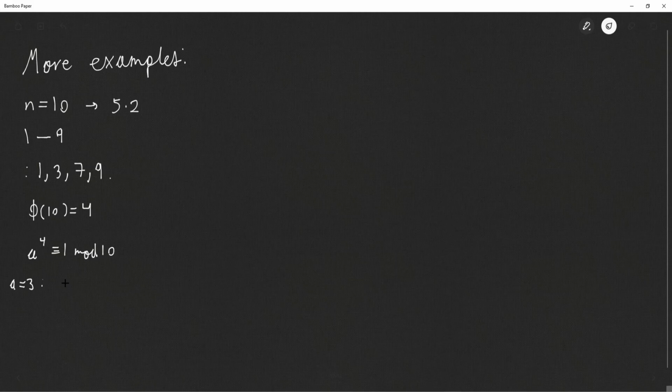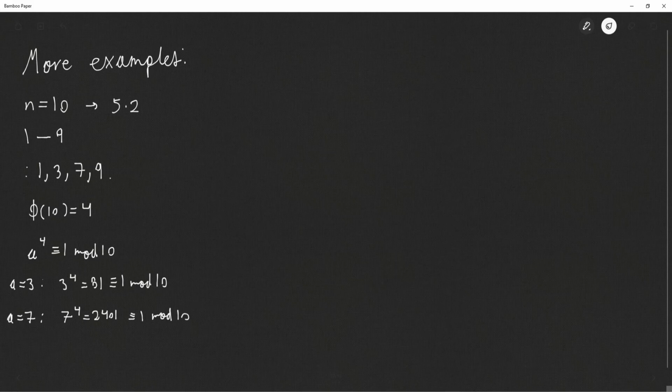This gives us 3 to the power of 4, which is 81, which is congruent to 1 mod 10. So that works. And now let's try it for a equal to 7. This is 7 to the power of 4, which is 2,401, which is also congruent to 1 mod 10. So we know that this works as well.